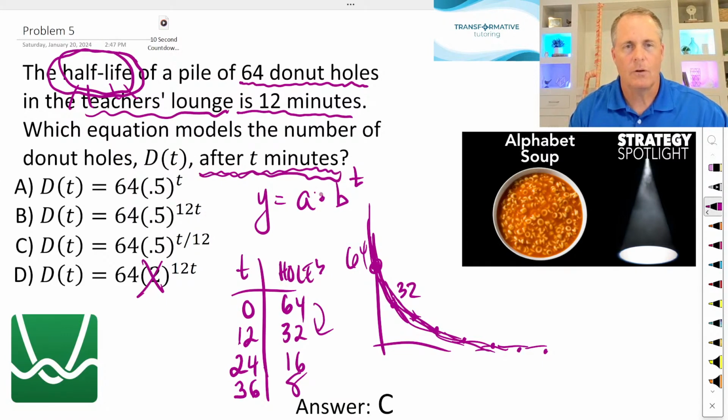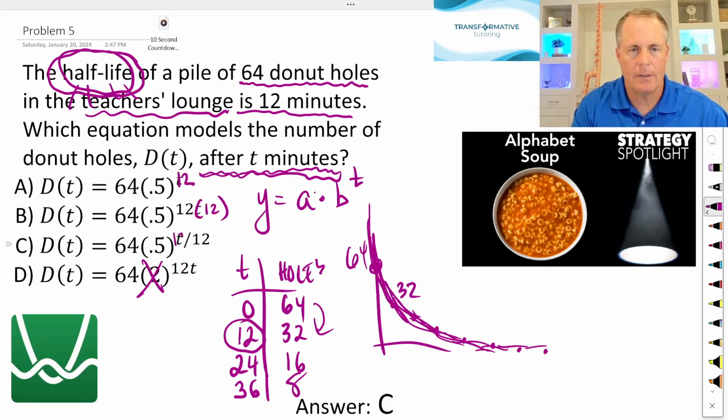So if we were to put in 12, we could try putting a 12 in here, a 12 in here, and a 12 in here. Because these all look very similar, but we've got to somehow spot which one's going to be right. Well, if we do 1/2 to the 12th power, that means we're going to chop this pile of donuts in half 12 times.